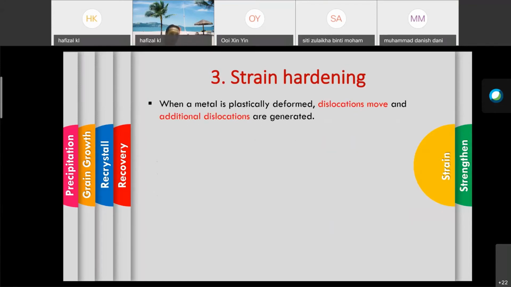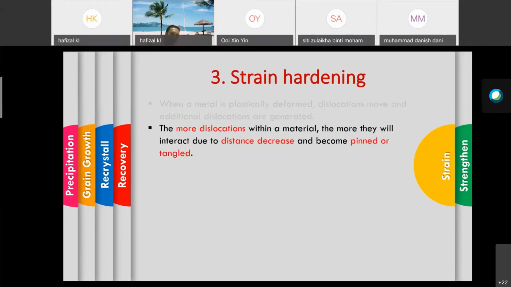When a metal is plastically deformed, dislocations start to occur and dislocation movement takes place. We can see dislocations generated in the process. The more dislocations in the material, the more they interact, and the distance between them decreases. In cold working, dislocations also take place, and we can see their movement. More dislocations take place in this process and will tangle between each other.